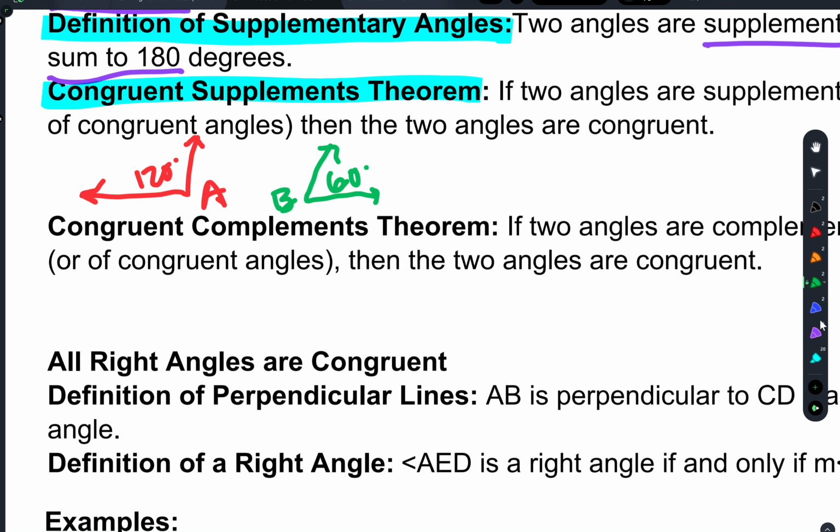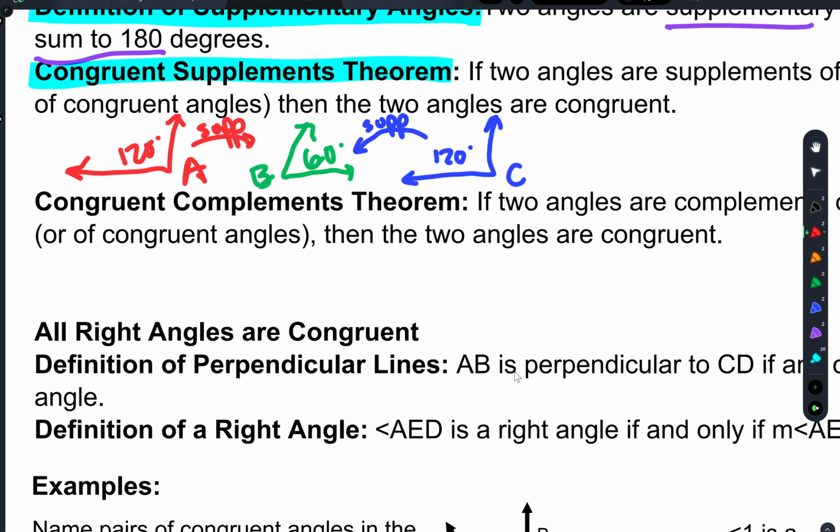Well, then let's say that I also have angle C, which is 120 degrees, which is also supplementary to angle B. So C is supplementary to B, and A is supplementary to B. Therefore, by the congruent supplements theorem, angle A is congruent to angle C. That's what the congruent supplements theorem states.